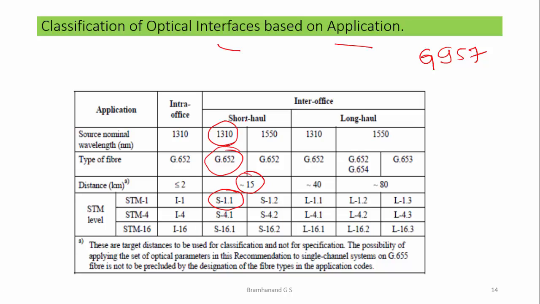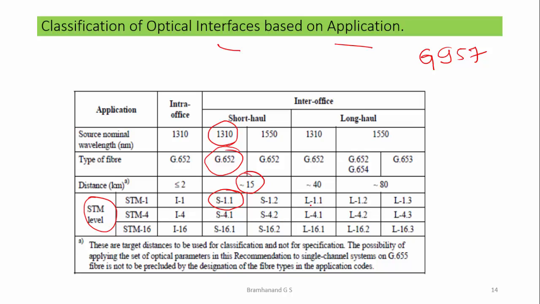S indicates short haul, 1 indicates STM level 1, and the last 1 indicates 1310, the wavelength on which it works. Similarly, S-1.2 indicates short haul, STM1, and 1550.